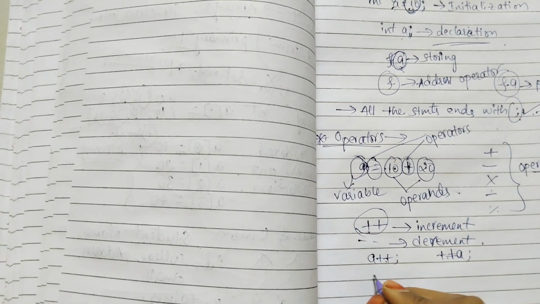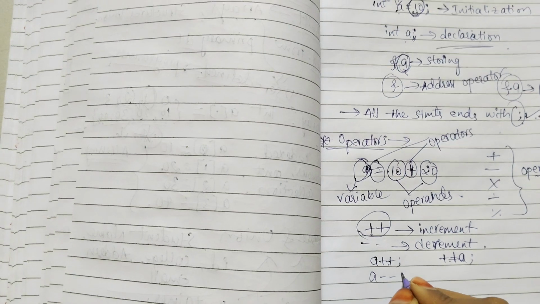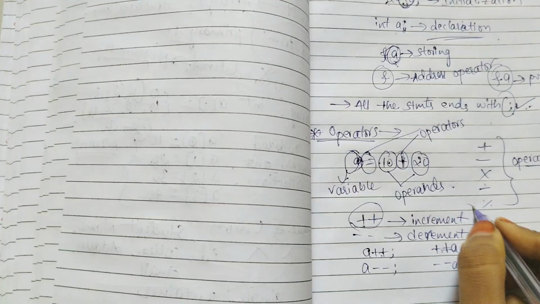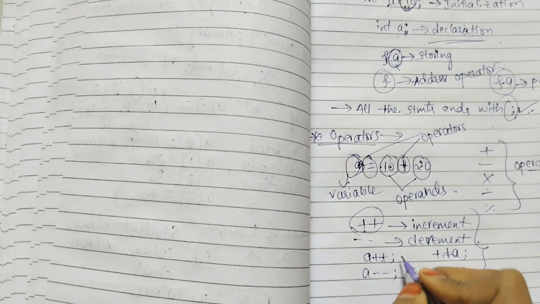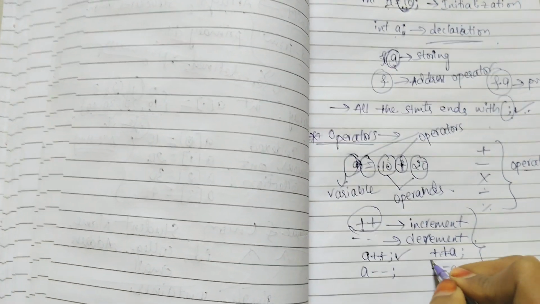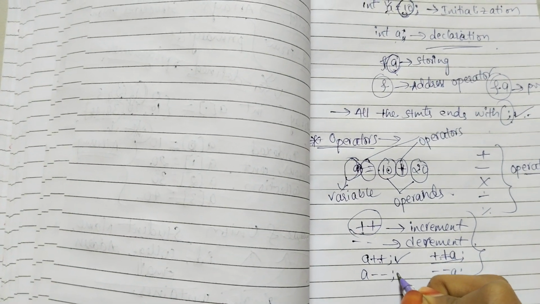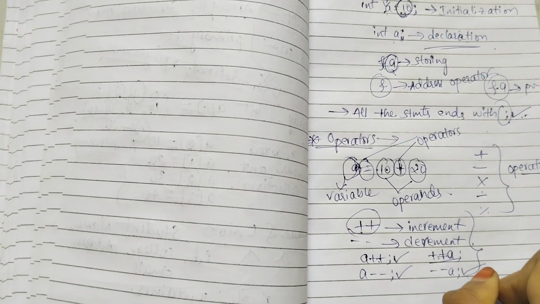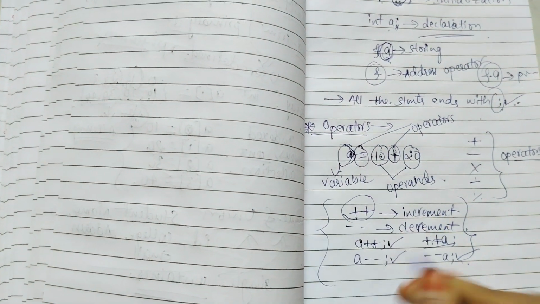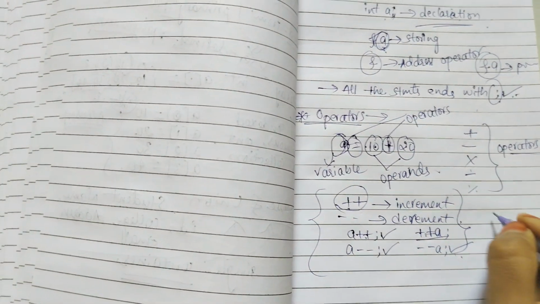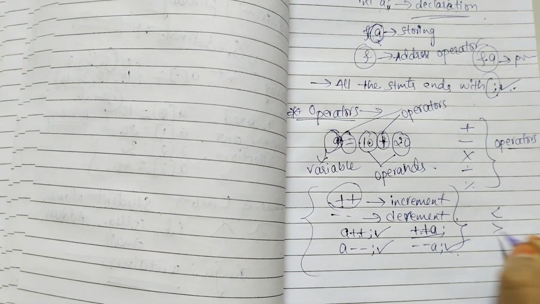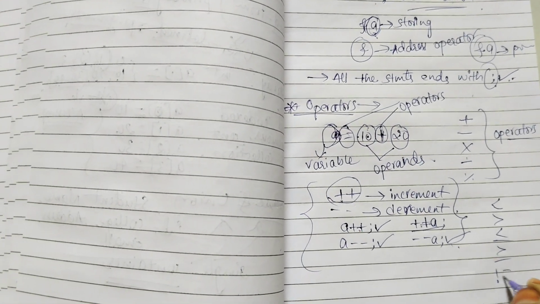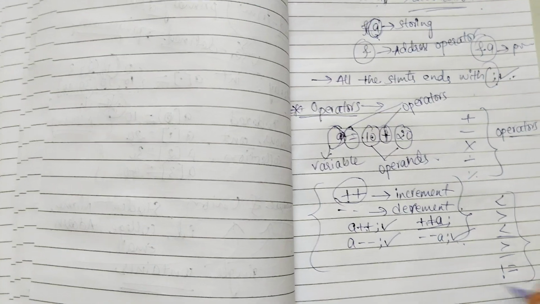Again, the decrement can also be used in two ways. These are post increment, pre increment, post decrement and pre decrement. Clear about these operators? And we have less than, greater than, less than or equal to, greater than or equal to, not equal to. These are also operators.